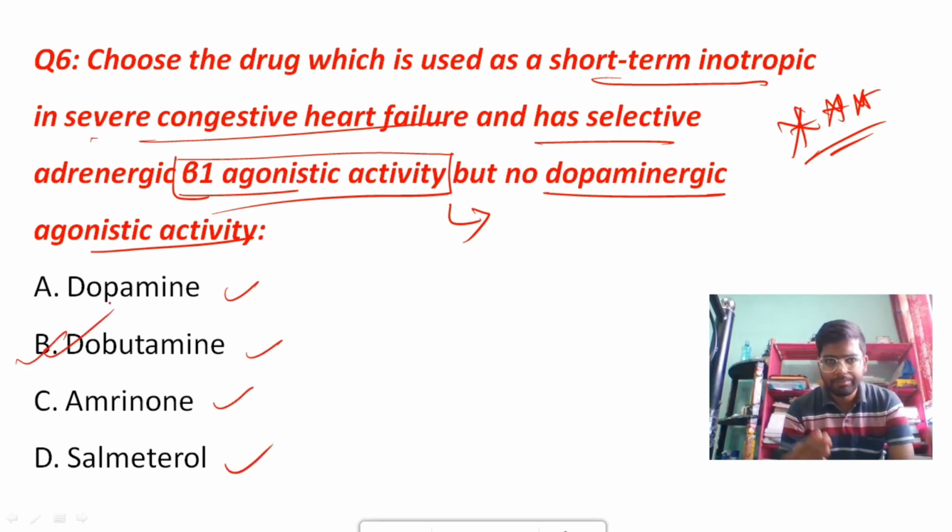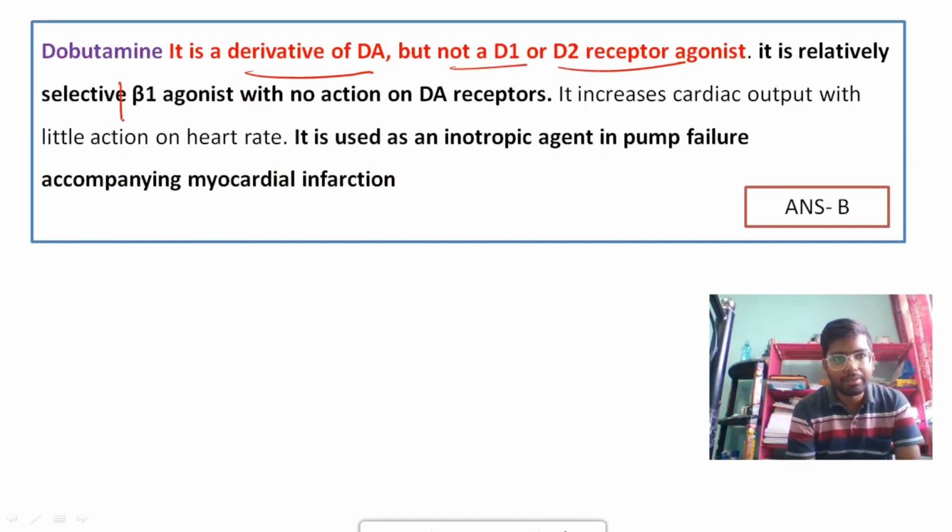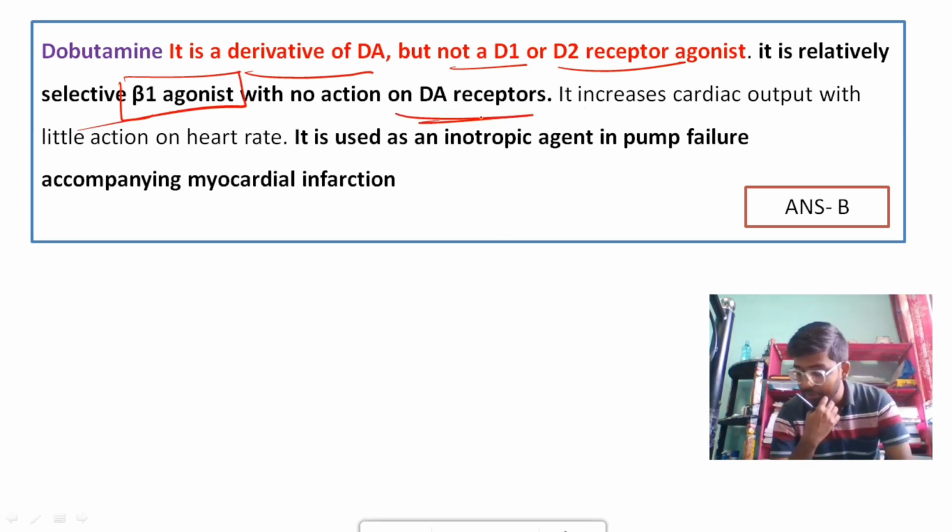Dobutamine will be your answer because dobutamine is a selective beta 1 agonist with no dopaminergic activity. Although dobutamine is a derivative of dopamine, it is not a dopaminergic D1 or D2 receptor agonist. It is selectively a beta 1 agonist with no action on dopaminergic receptors.